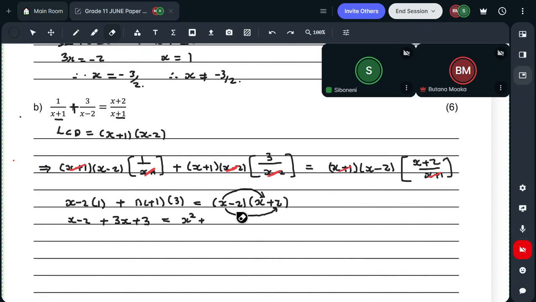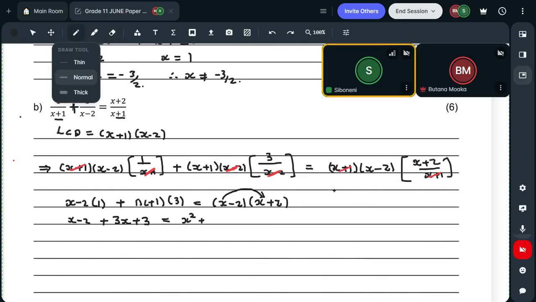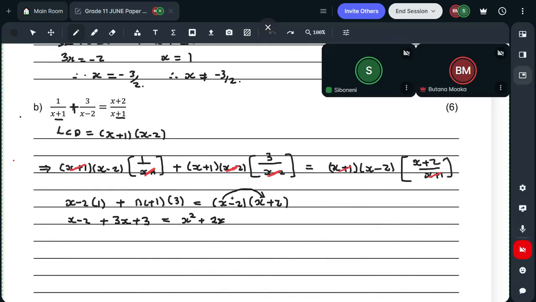You understand? Minus what? So, plus 2. Yes, I misread. Plus 2x. I know these things are easy, but most of the time you make mistakes and you start losing marks.